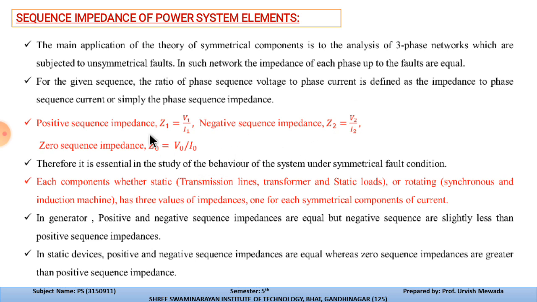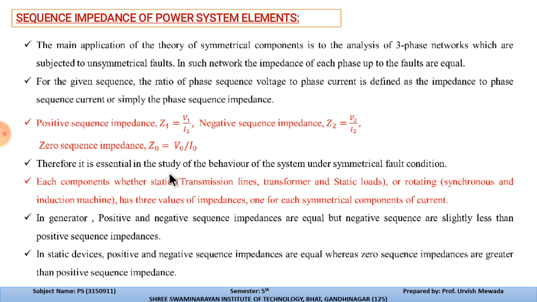The static elements are the transmission line, transformer, and the static load, which are connected with our power system. And the rotating elements are the synchronous condenser and the induction machine, which improve the power quality.